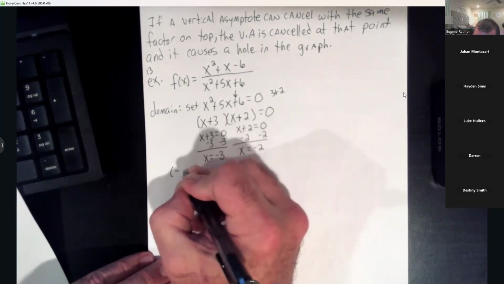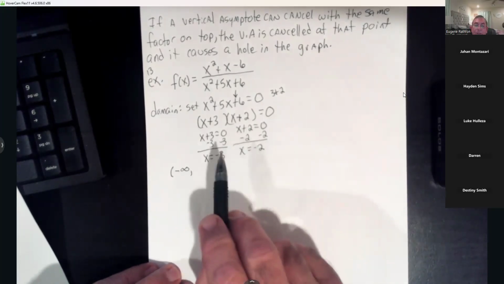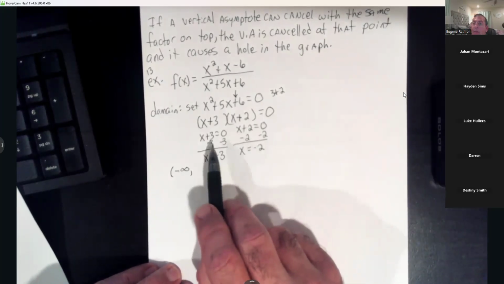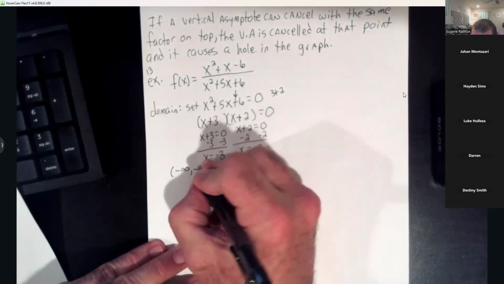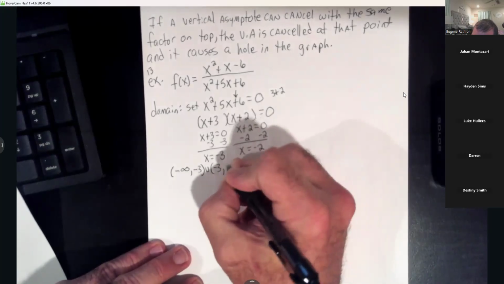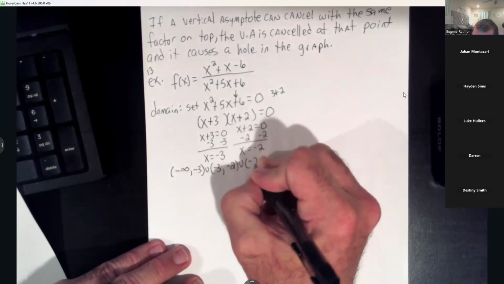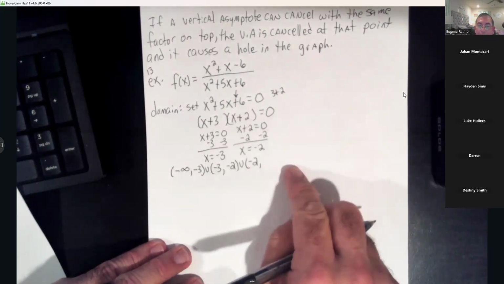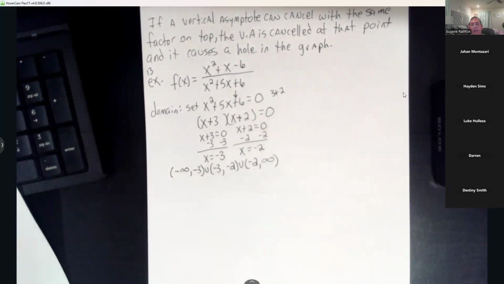So it's going to start at negative infinity. Now we're going left to right, so we're going to hit negative 3 before we hit negative 2. So we need the union around negative 3 first, then union around negative 2, and y'all, then from negative 2, we're good to go to positive infinity.